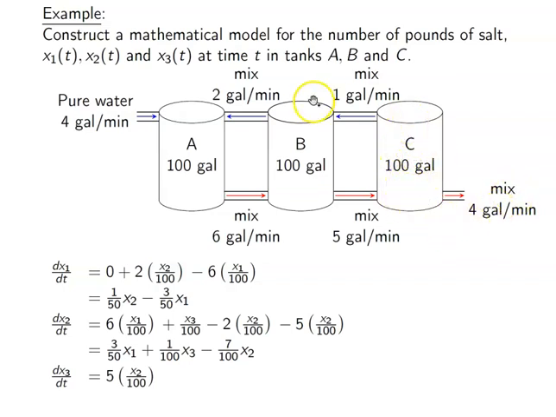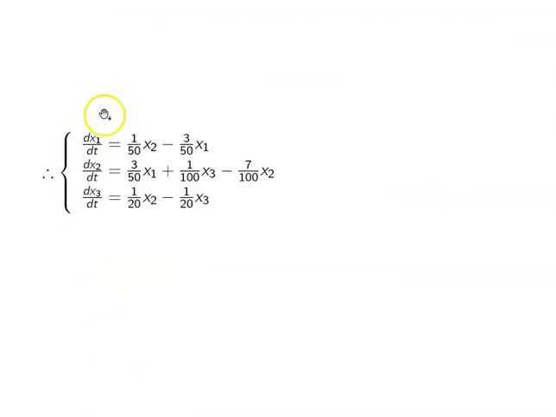So x3 times 1 over 100, and x3 over 100 times 4 is being subtracted. Combine my like terms, which is just this one: this is negative 5 over 100, and this is 5 over 100. So that's 1 over 20 x2 minus 1 over 20 x3. And when I clean this up a little bit, that is what my system looks like.